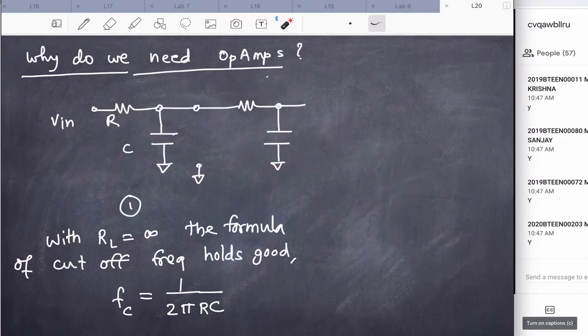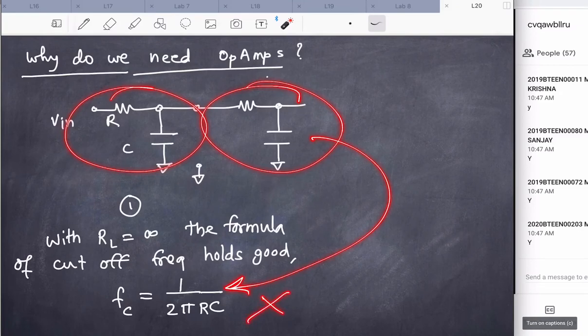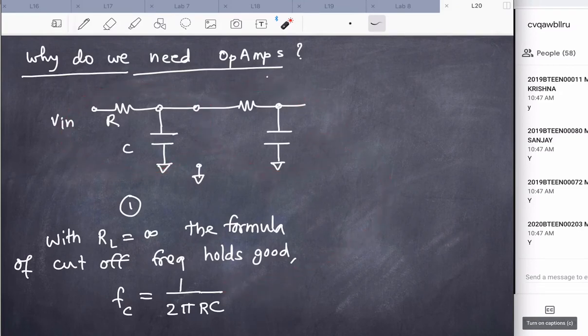So, that is still complex. So, when we connect one section to the other section, this formula will not hold good, it will be slightly different. You can find out what the formula is, but if you want to use the same formula, it means whatever you calculate and whatever you observe, if you want them the same, then you have to isolate these two.